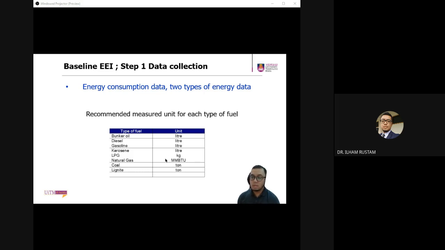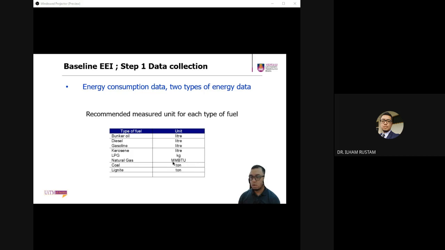But for gases, it's a bit different. LPG is liquefied gas, basically still fuel, but it's liquefied gases. Then it will be in kilogram, because it's difficult to measure the liquid directly. So typically it will be in kilogram. And for gases, MMBTU.